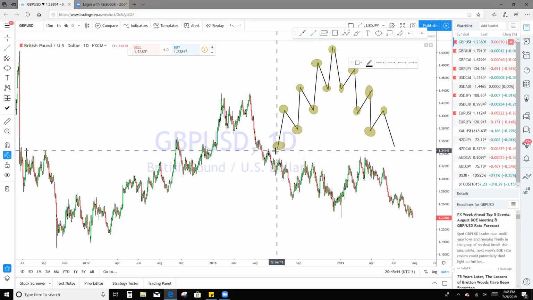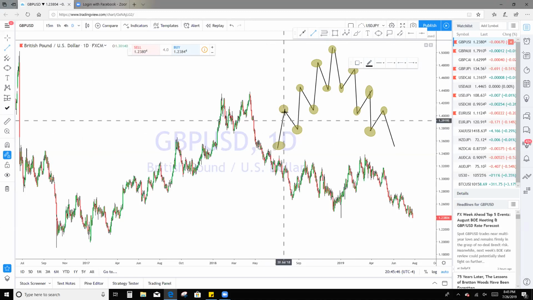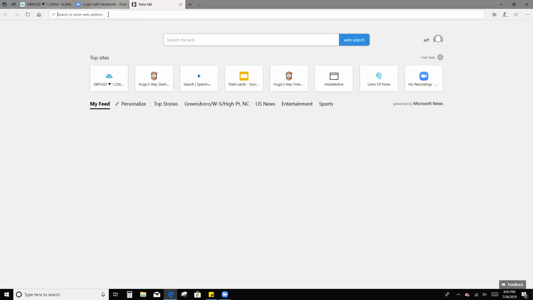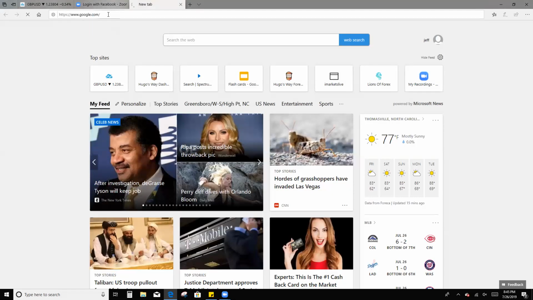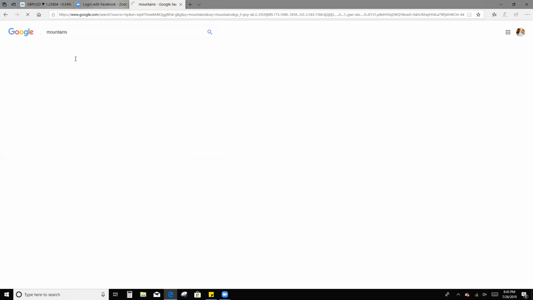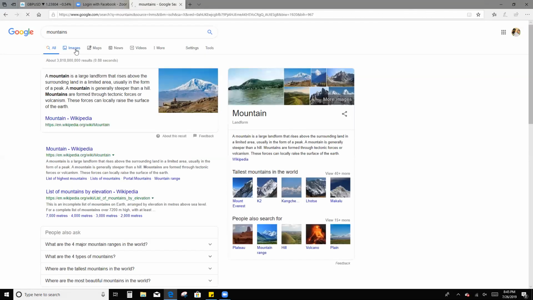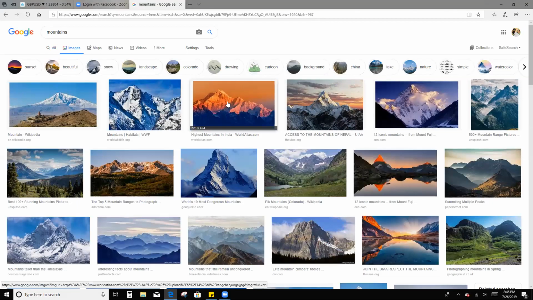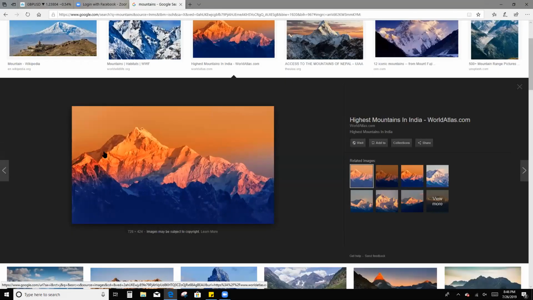If you think about these peaks as mountains, let me bring up a picture of a mountain to show you exactly what I'm talking about. I'll just type in mountains. Look at this picture here. You see how these mountains have peaks to them? Each peak is lower than the last peak.